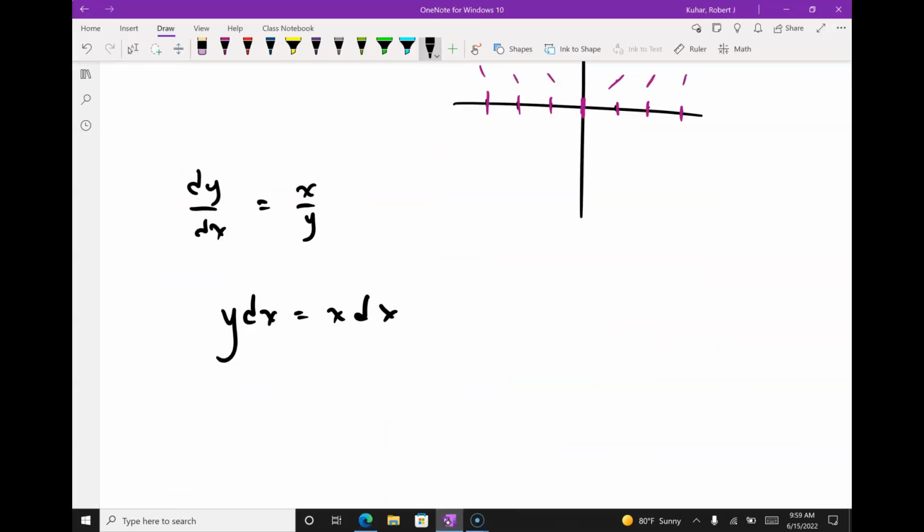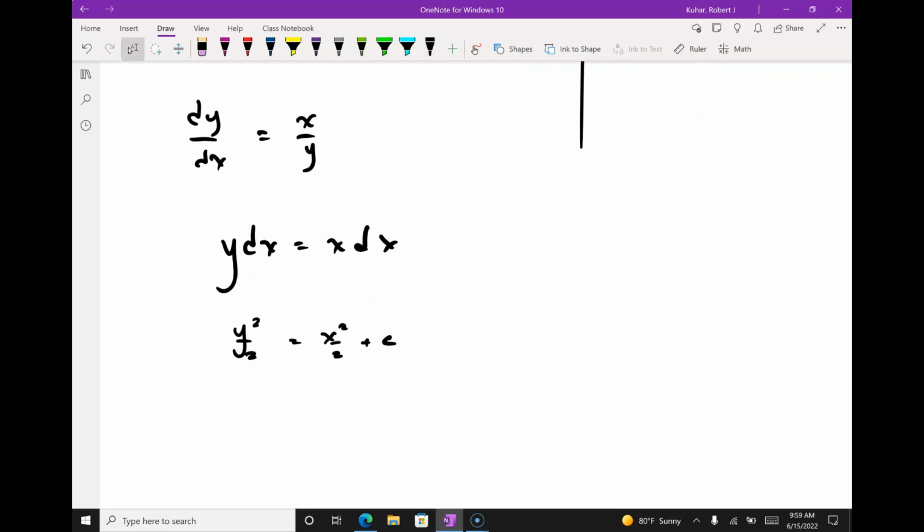All right, so what do we get? We get y squared over 2 equals x squared over 2 plus c, right? You with me here? So remember, I want to solve for y. I get y squared equals x squared plus 2c.